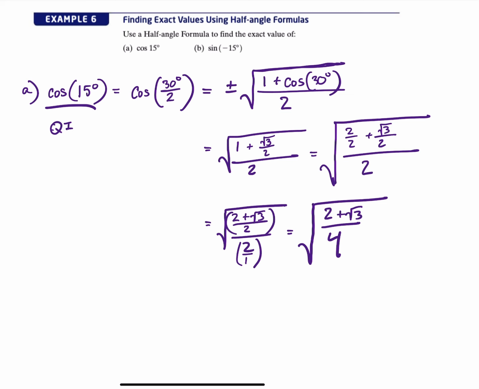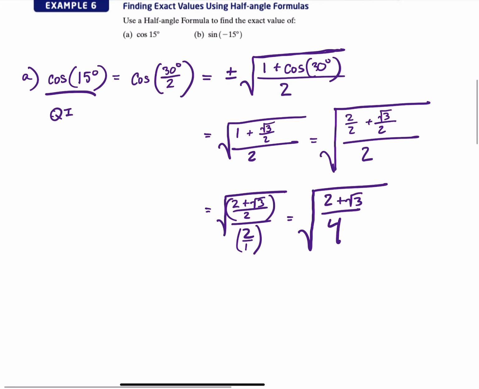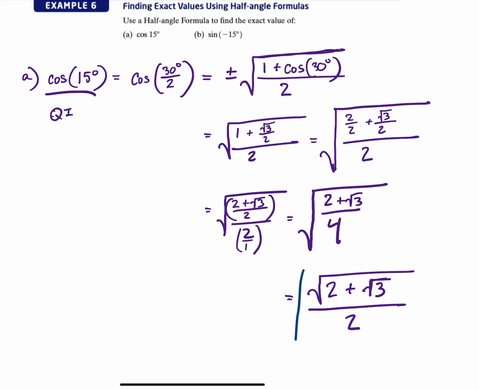And then we can take the square root of 4 in the denominator, so we can split this between the numerator and denominator. We can write this as the square root of (2 plus the square root of 3) over 2. Still have this double square root, which is a little bit strange, but we at least have the double fractions simplified.